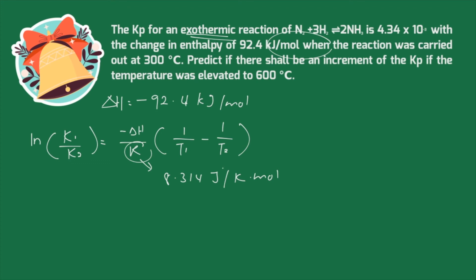Alright, so since this one is in joule, this one is in kilojoule, you need to convert the kilojoule to joule by times 1000. So you should get 92400 joule. Right? So this is your delta H. But since it is an exothermic process, it should have a negative value over there.